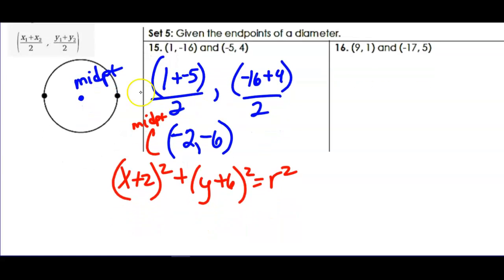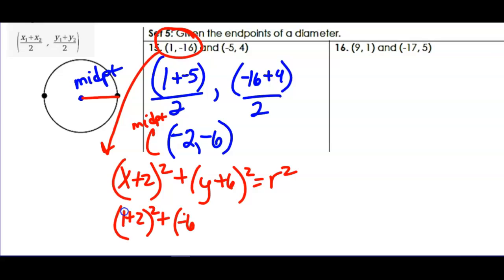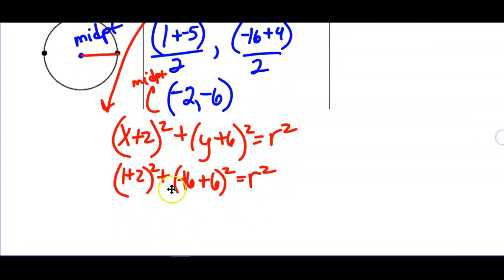Now, you could do distance formula from that midpoint to one of those to find this. I'm just going to be lazy. I'm just going to put in this. And either one of them would work. But if I put in this x and this y, I get my r squared without doing any square roots at all.